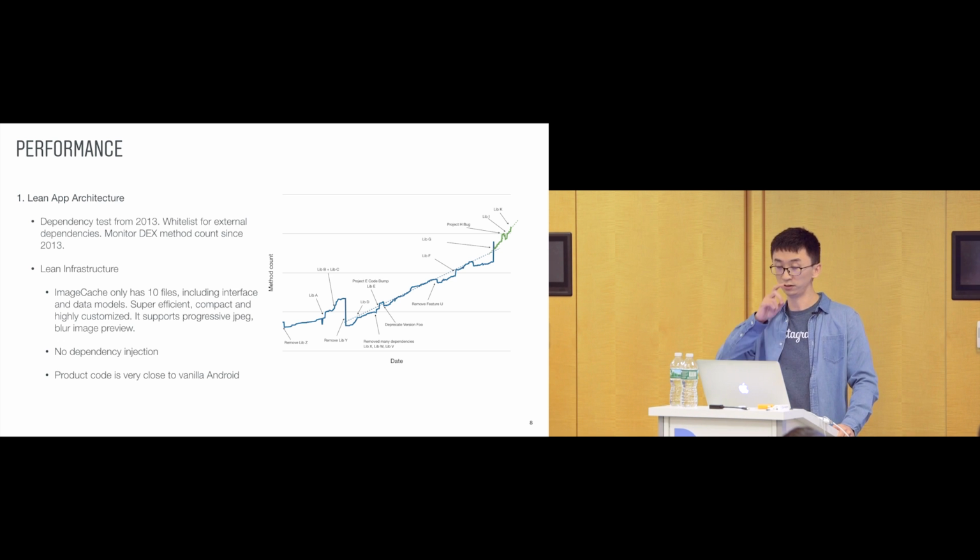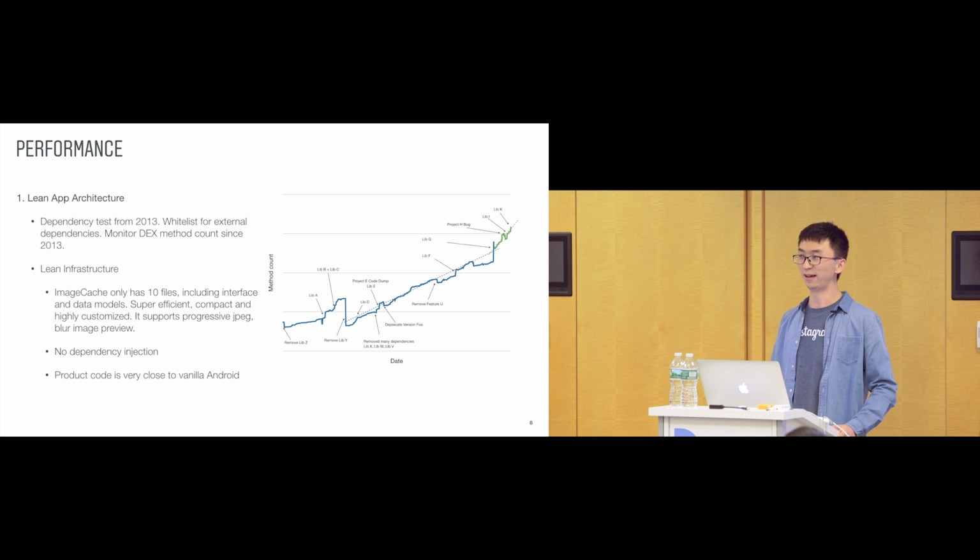Another aspect of Lean app architecture, besides the external dependencies, is the internal structure of the app. As we said before, we think about ourselves as building race cars. As a race car, you want every component to be super efficient and customized. You want to be able to optimize everything end to end.